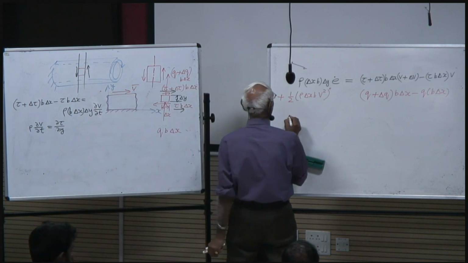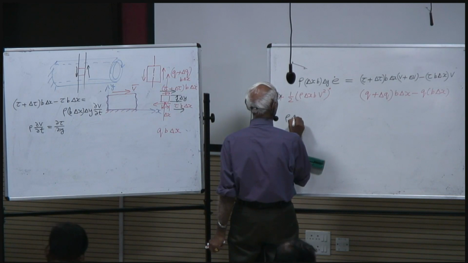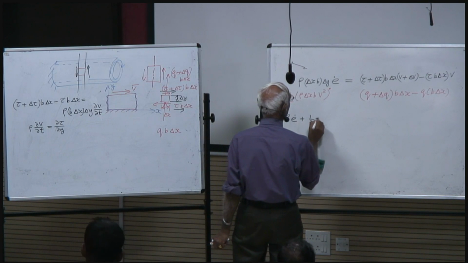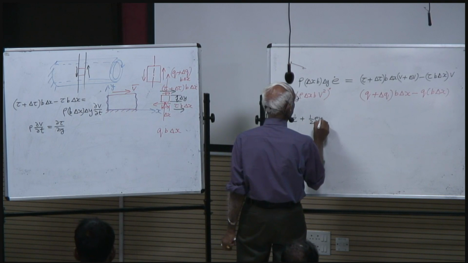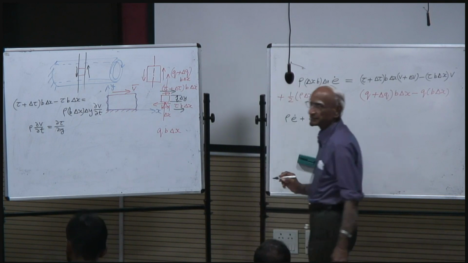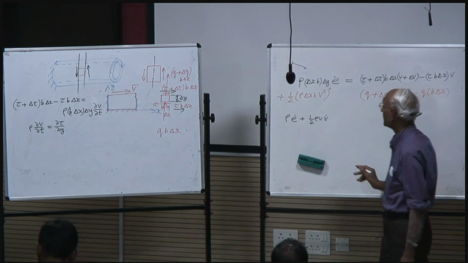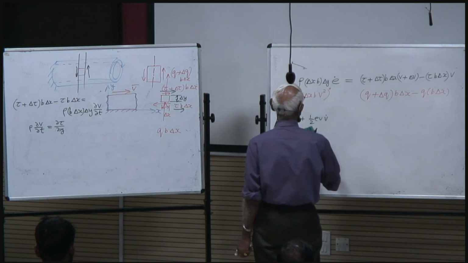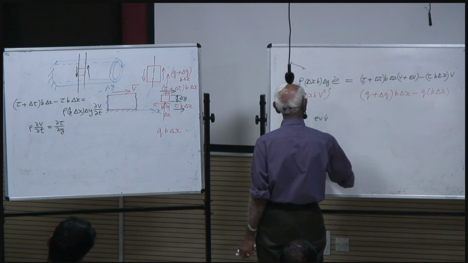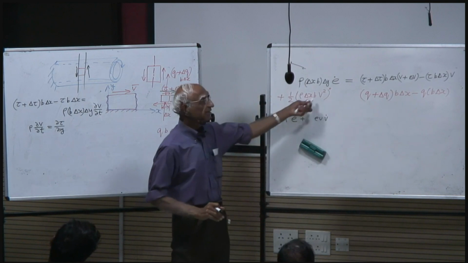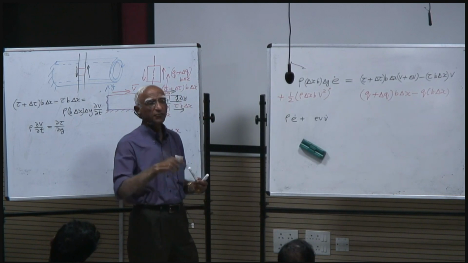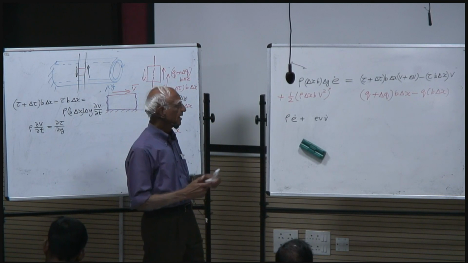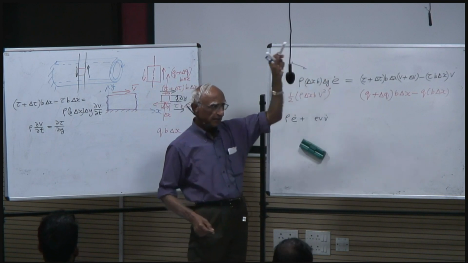So we have rho E dot plus 1/2 rho V dot. There is no 1/2 here because when I take V square, it's going to be twice V dot. And we are going to divide by B delta X everywhere.